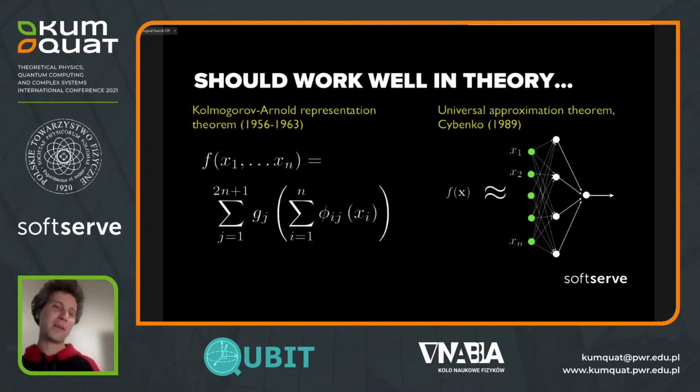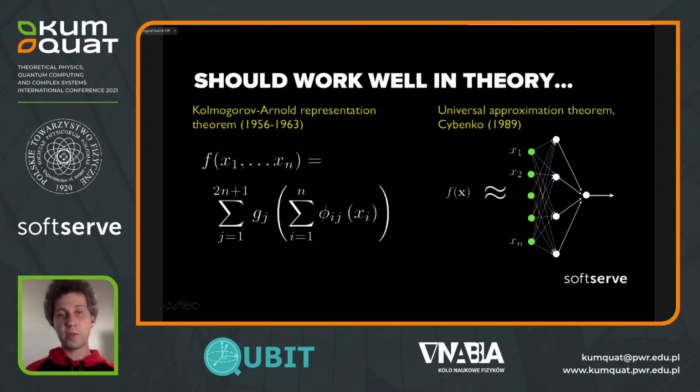And when the model was introduced, there were hopes that this would work because of a number of really powerful theorems. First was the Kolmogorov-Arnold representation theorem, which stated that complex functions could be represented as a number of simpler single-argument functions. So we could represent a complex multiple-argument function with a sum of these neuron functions.